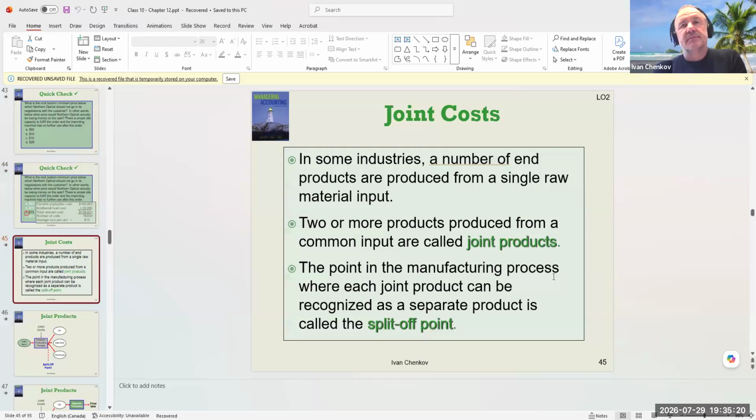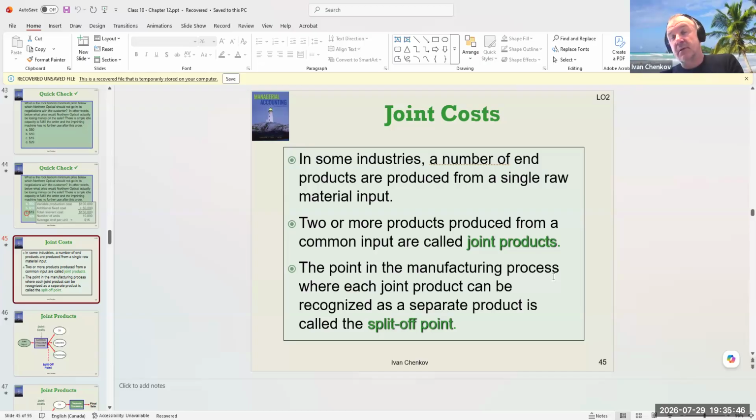Joint cost is an interesting point. In some industries, we have a number of ending products which are produced from a single raw material. Two or more products produced from a common input are called joint products. For example, say I'm a dairy farmer producing milk.